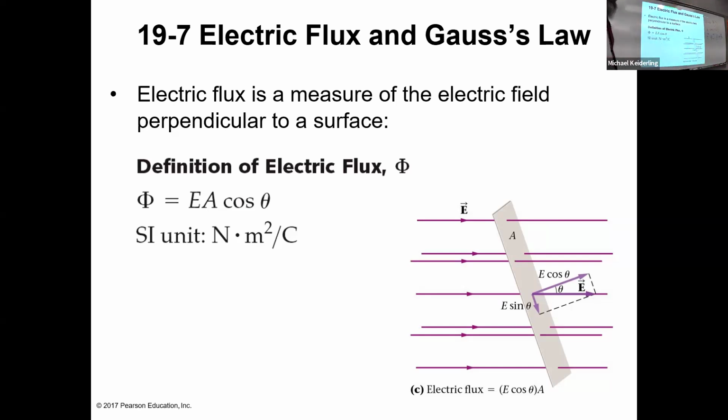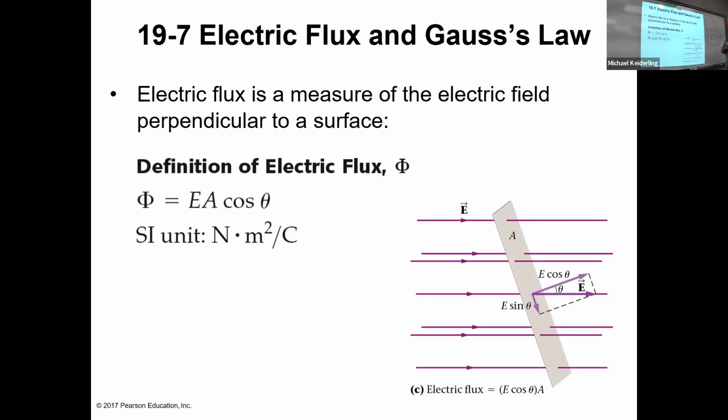So if you have a flat surface, electric flux, which is a capital Phi, is defined as the electric field times the area of the surface times the cosine of the angle between the normal to the surface, the perpendicular to the surface, and the electric field.